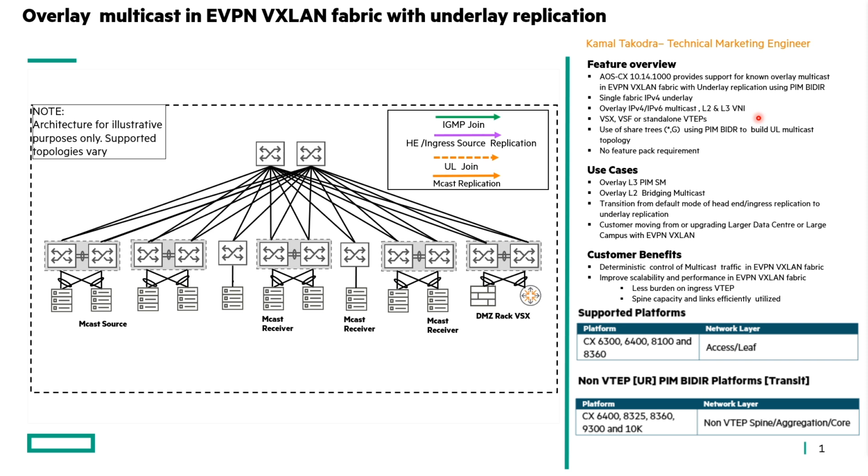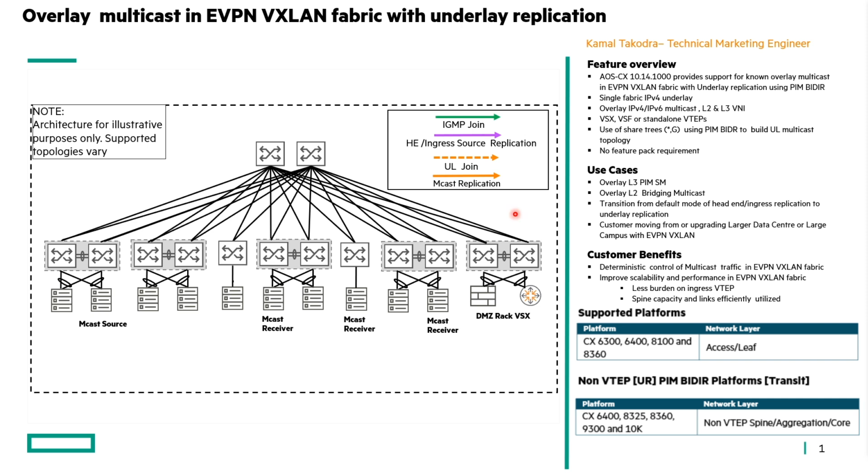VTEPs, which form VSX, VSF or standalone, are also supported in this architecture. Aruba CX uses star topology shared trees using PIM bidirectional to build the underlay multicast topologies, and no feature packs are required for this enhancement.